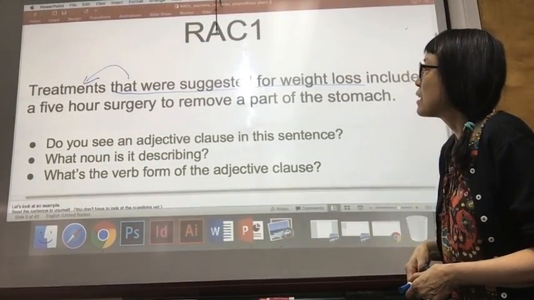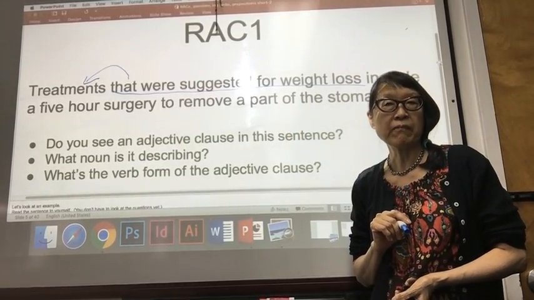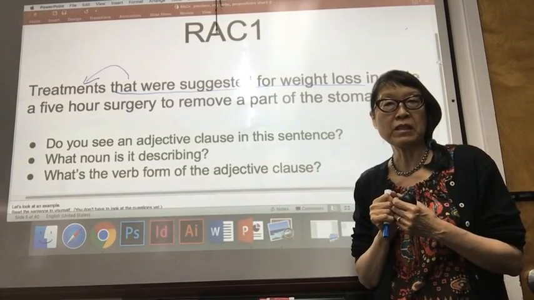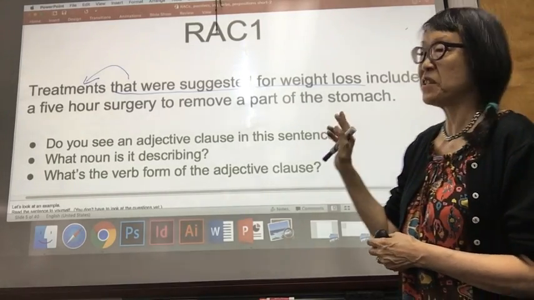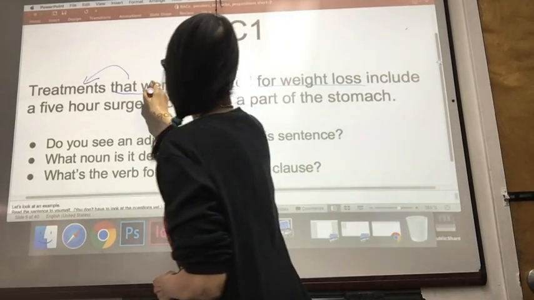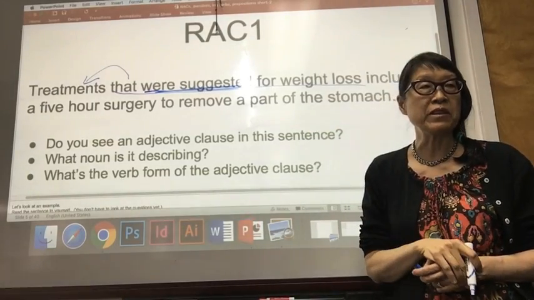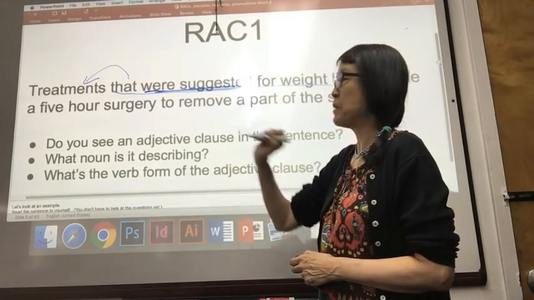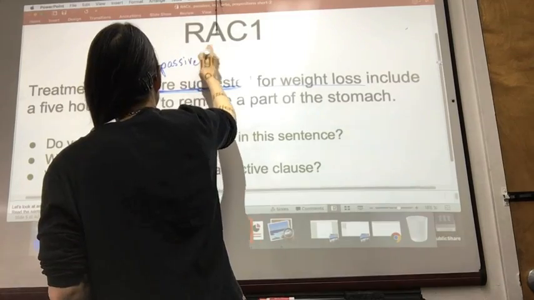All right. Now, let's look at the verb form in this adjective clause. What's the verb form, the complete verb form? Participle. Okay, but first, just tell me what the verb is. Suggested. Okay, suggested. What kind of verb is that? What verb form is that? Passive. Passive, good. It's a passive verb form, all right?